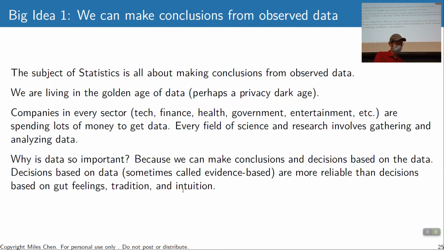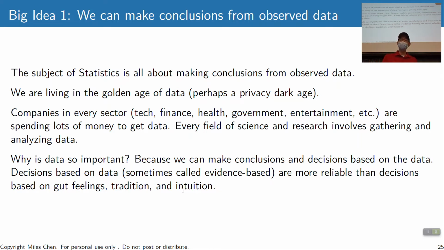If you go back 100 years ago, when statistics was first developing, all of these calculations were done by hand, and the amount of data that people worked with was a lot smaller. But now we are working with massive data sets, and I would say we're living in the golden age of data.